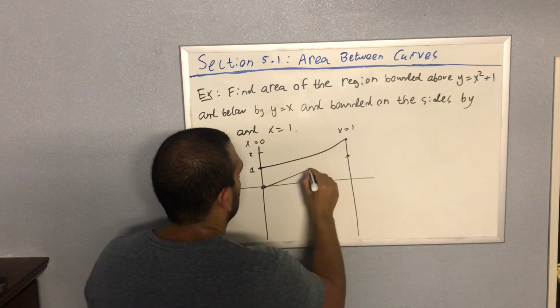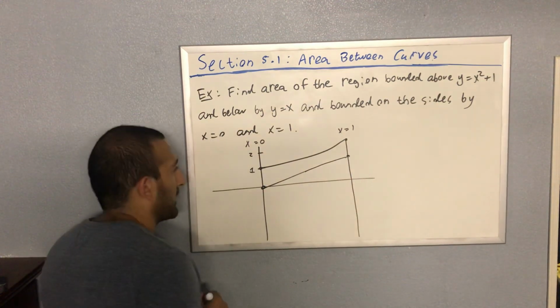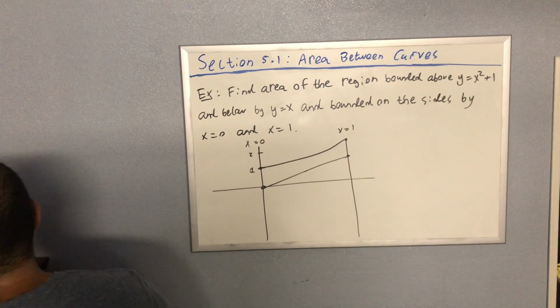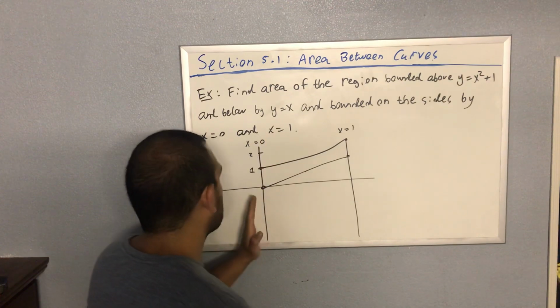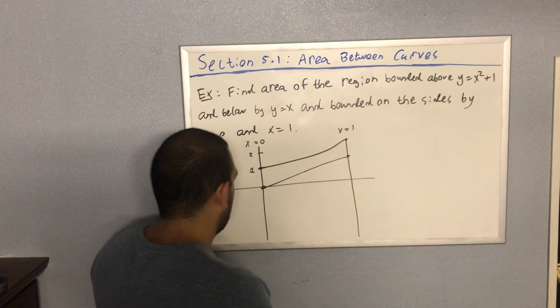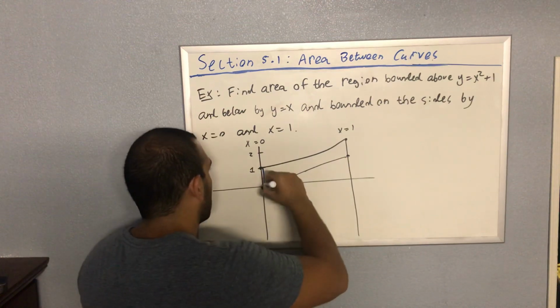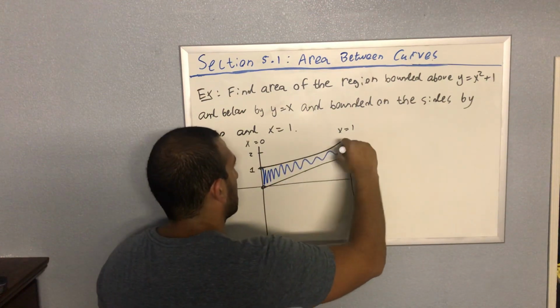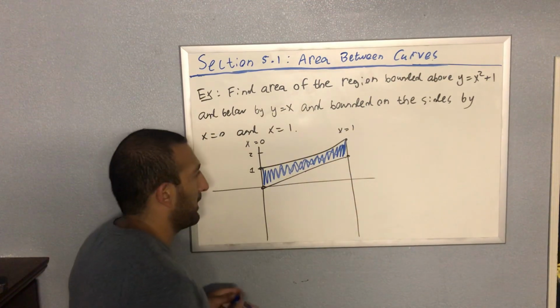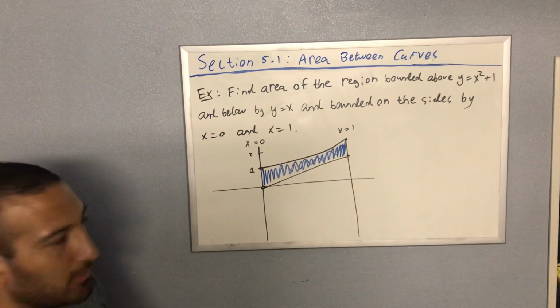Not as linear as I'd hoped. There we go. Okay. So we want the region bounded between all of these. This is x equals 0, this is x equals 1, and in between these two curves. So putting this all together, we're interested in this region here. We want this area in blue.